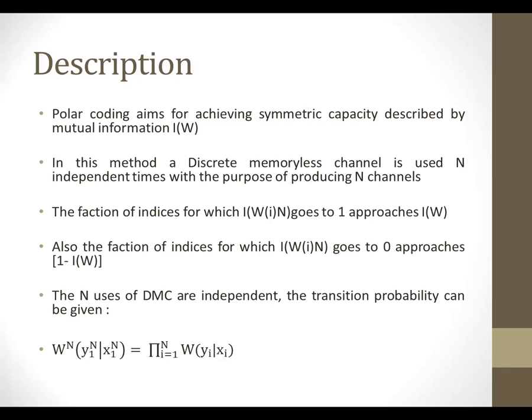This property is called channel polarization, where the mutual information is either polarized at 0 or at 1. Thus, the code generated by polar coding is a block code of length N with encoder and decoder complexity of order N log N.